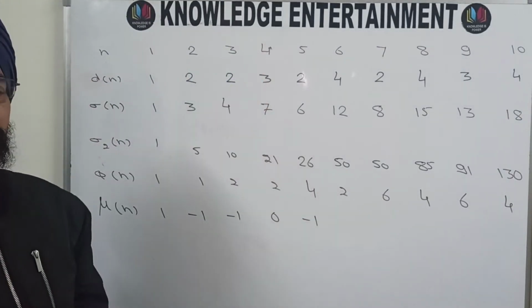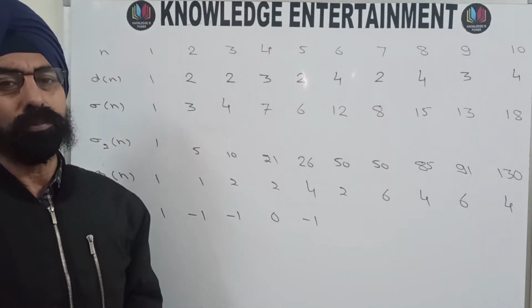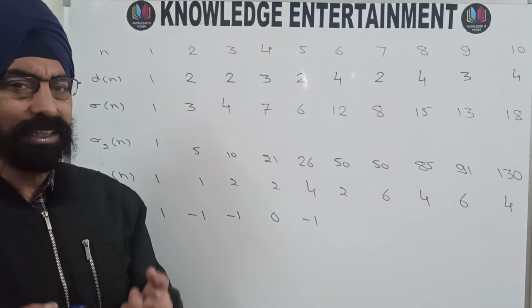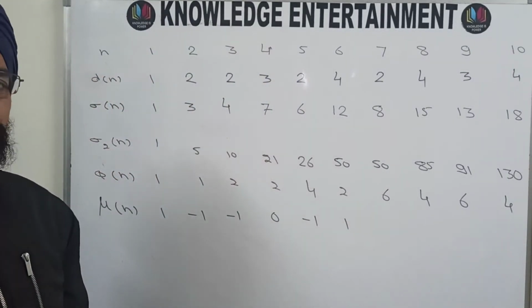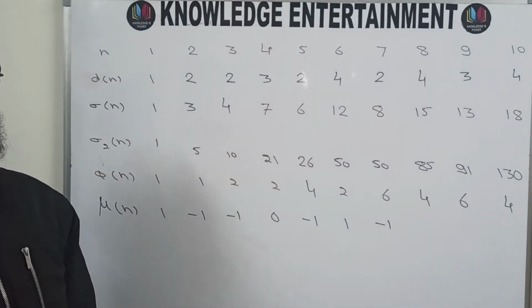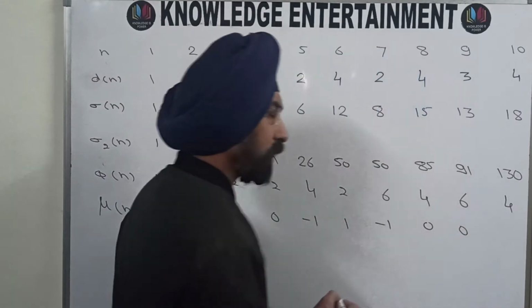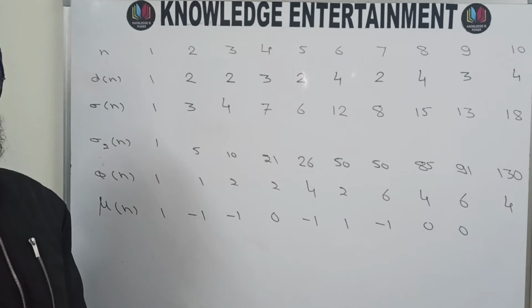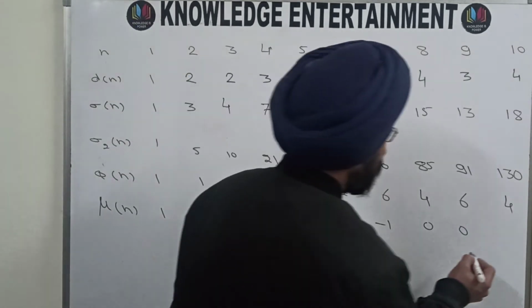For 6, in the canonical product you have two prime numbers, 2 and 3. So 2 primes, minus 1 raised to the power 2, so it is 1. Then 7, again prime, so it is minus 1. 8 is not square free because 2 square divides 8, so the value is 0. 9 is again 0 because it is also not square free. 10 is a product of 2 primes, 2 and 5, so minus 1 raised to the power 2, that means 1.